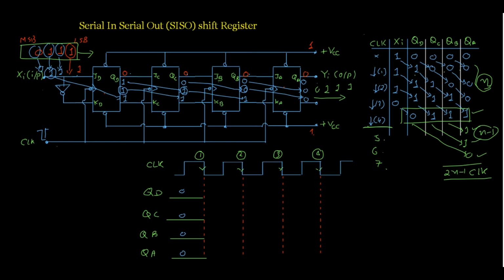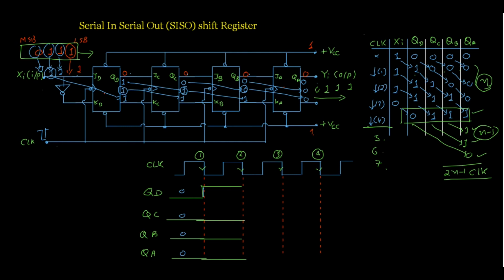So after the first clock pulse, QD is high, that you can see. QC, QB and QA are 0. So we can draw it here. QD is high till the second negative edge is coming, and QC, QB and QA are 0.